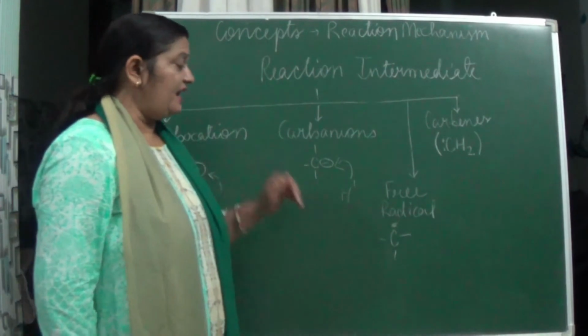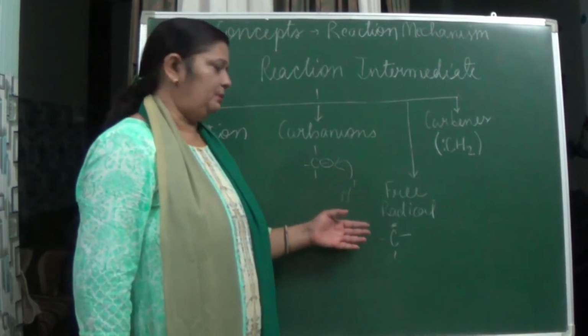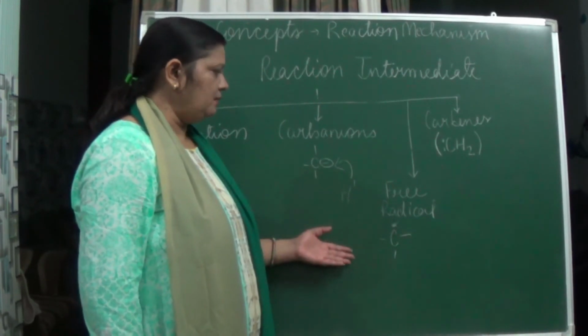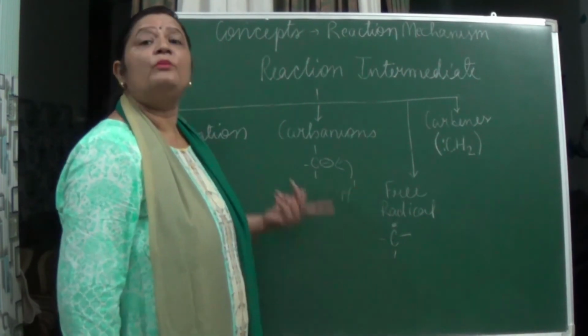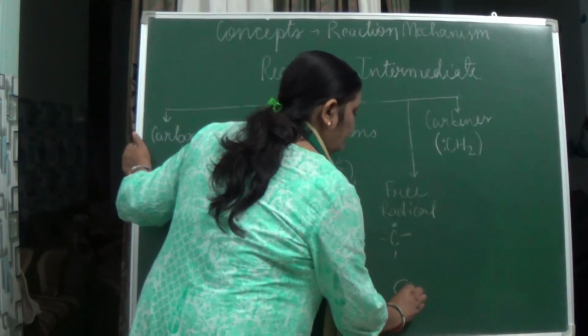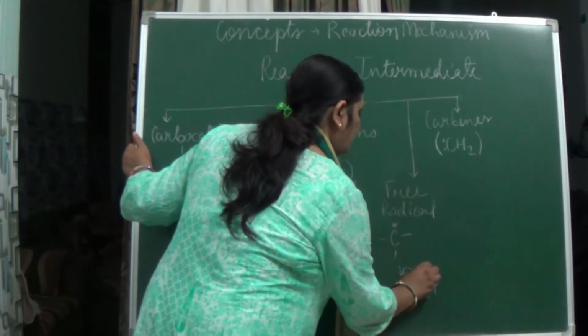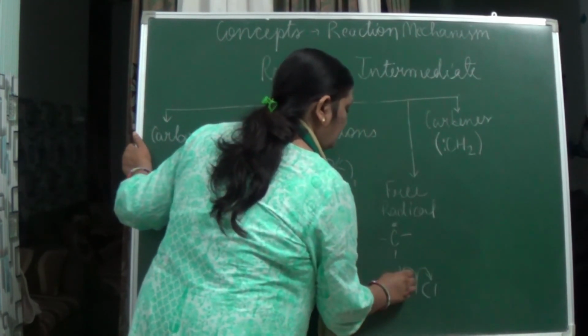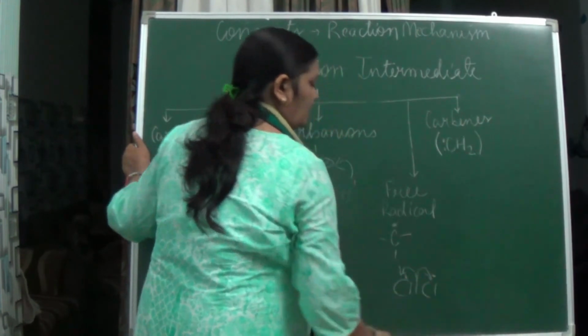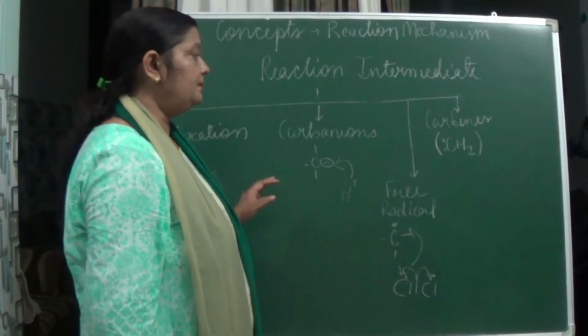Now, free radical. When I am saying free radical, naturally if any cleavage has been done, like homolytic cleavage, like Cl2, so Cl and Cl. In this homolytic cleavage, one Cl consists of one electron, and the other one too, and now naturally they can come and combine and become stable.